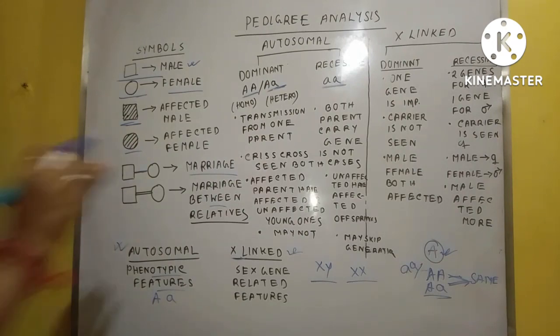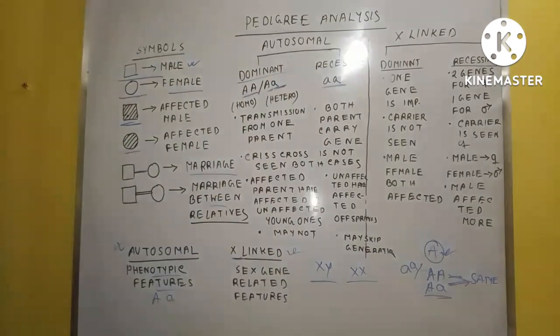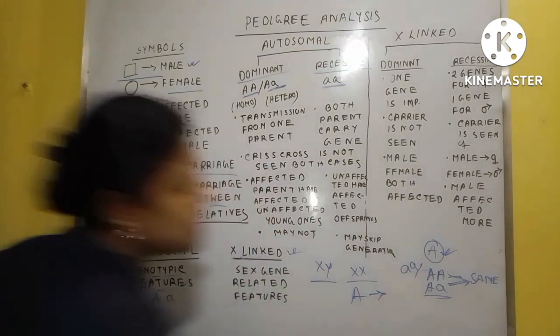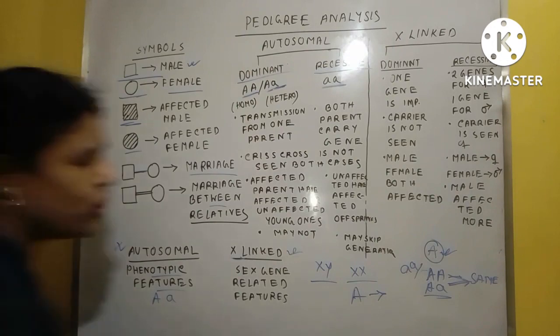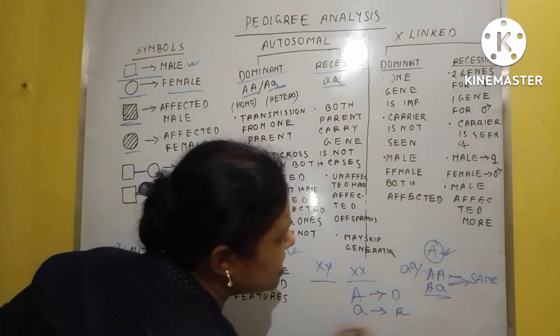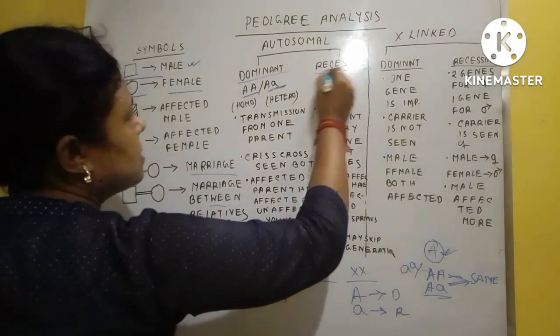Clear? Also in case of autosomal, two kinds of situation are seen: one is dominant, another is recessive. If we consider A as the dominant, its opposite is the small a. The recessive is the suppressing character.